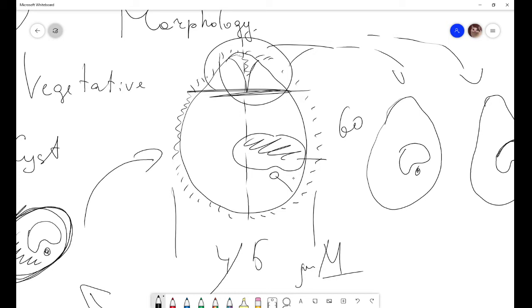The macronucleus has another name: the vegetative nucleus. The micronucleus is the generative nucleus. It contains generative chromatin, and the macronucleus has vegetative chromatin.